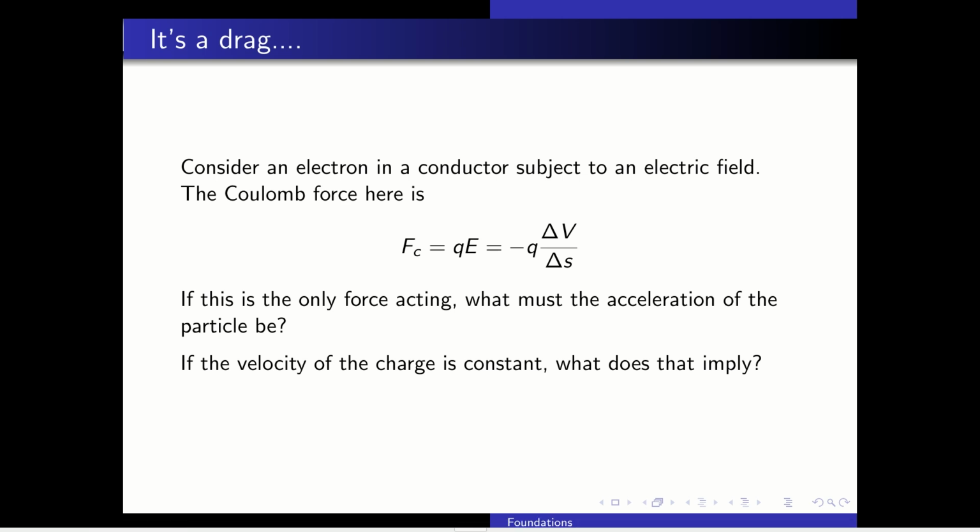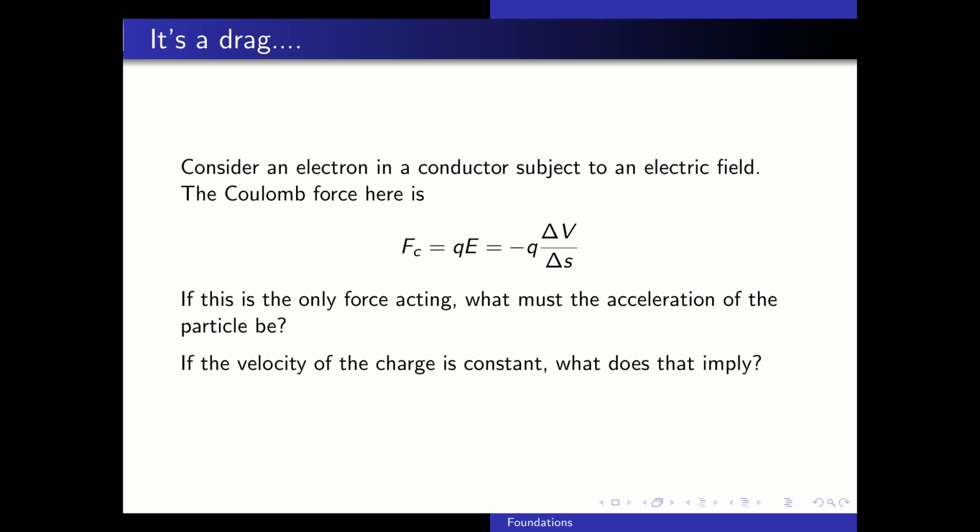The flip side of that: if the velocity of that bit of charge, of that electron, is constant, what can we conclude? If the velocity is constant, the acceleration must be zero, which means that there has to be some other force acting in the opposite direction of our Coulomb force.